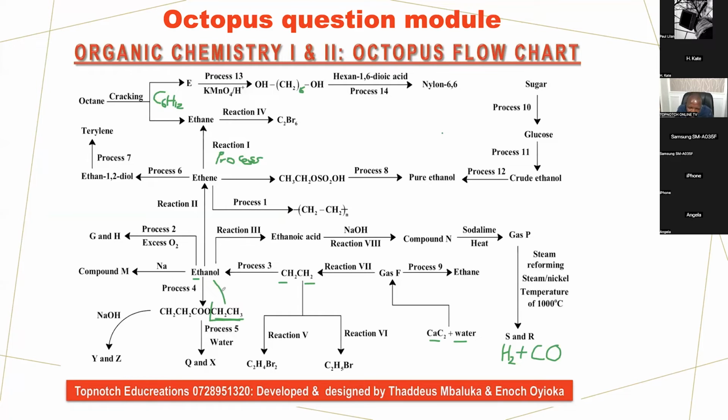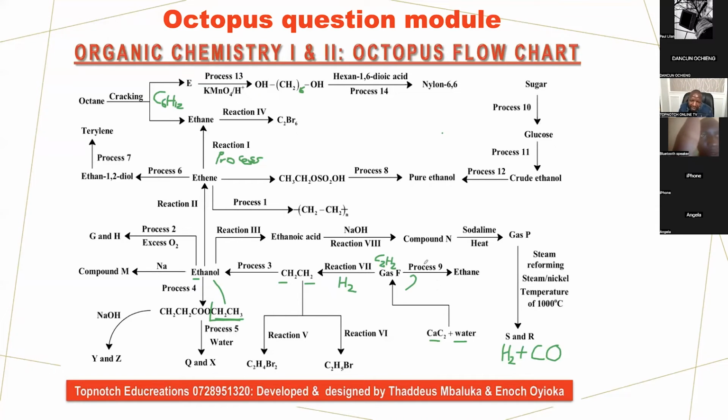Like for this one, we are only adding 1 mole of hydrogen, because remember here, ethene is C2. So we have added only 1 hydrogen. But for this one, to convert it to ethane, you require 2 moles of hydrogen.